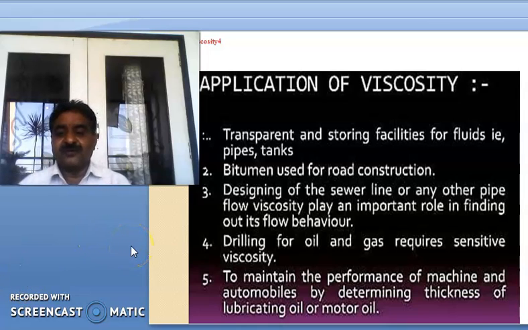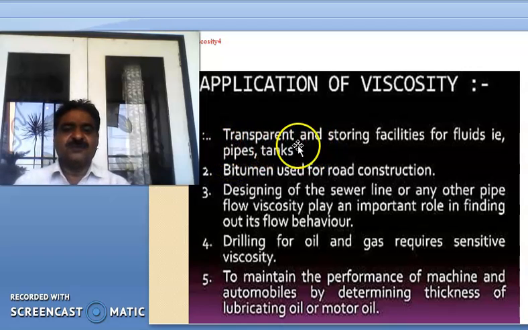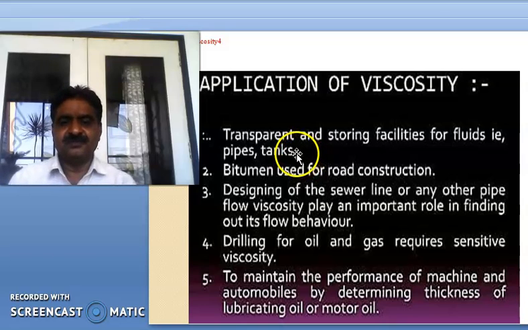Now, what are the applications of viscosity? What are the benefits of viscosity? What is the purpose of using viscosity? Transporting and storing facilities for fluids, that is pipes, tanks, etc. As it is viscous, that's why we can store it. Bitumen is used for road construction.